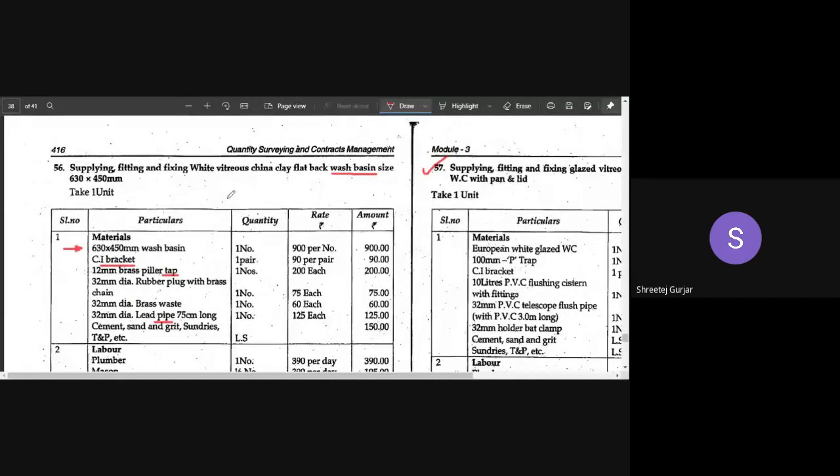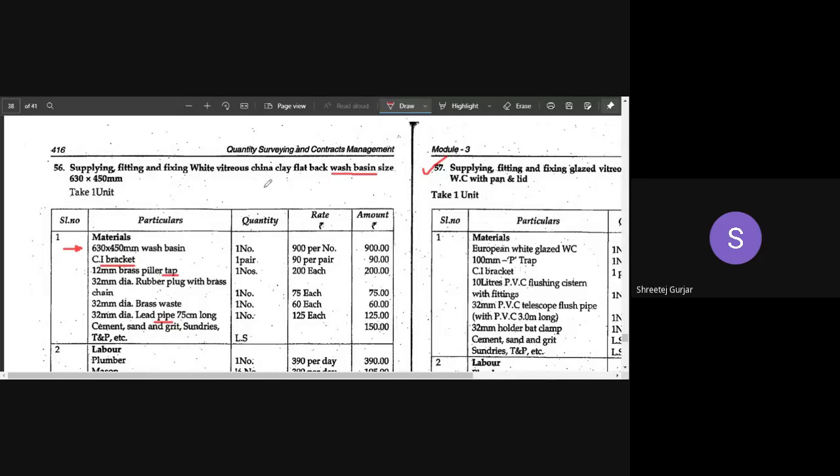The starting ones which we have studied up till cement plastering are very important. After those, door and window is also important. But these plumbing works are not very important, though you need to understand and learn. Hence, we are doing this analysis of rates of these minor works.